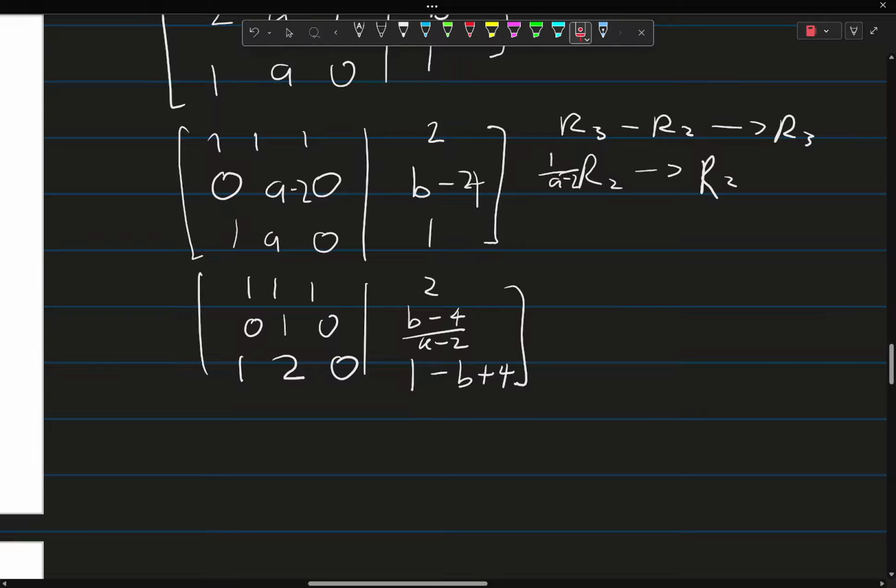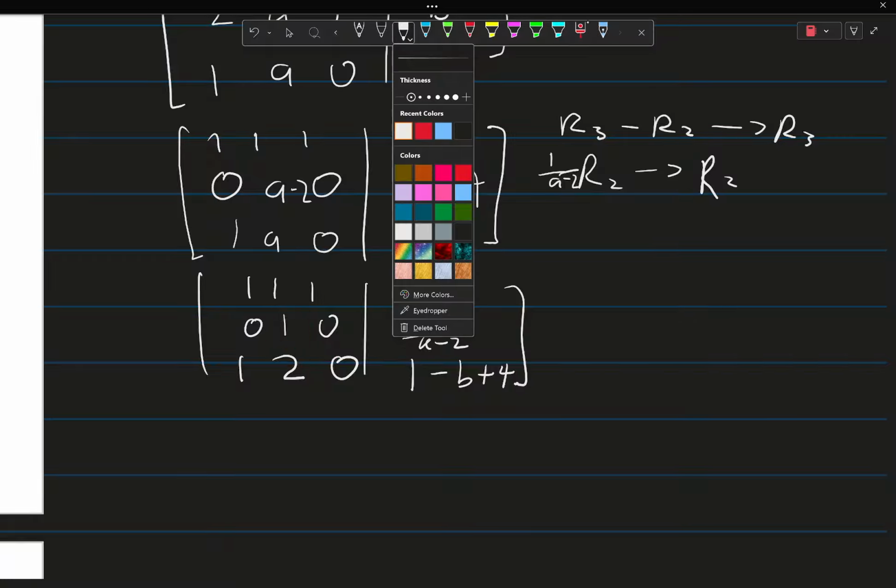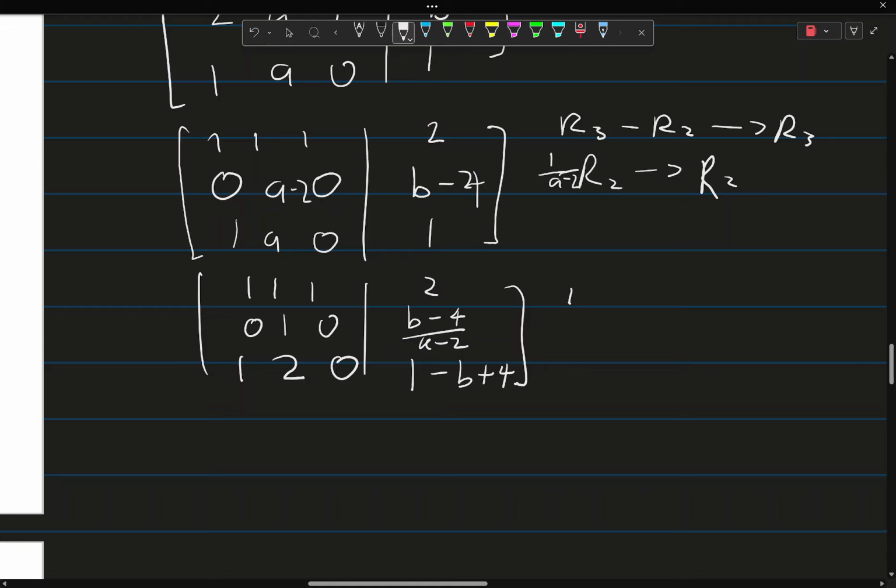If you see here, we have 1, and we can just use that to subtract the 2. It's going to be really cooked for the right hand side, but as long as we get row echelon form, we have row 3 minus 2 row 2, and we'll subtract row 2 from row 1 while we're at it.